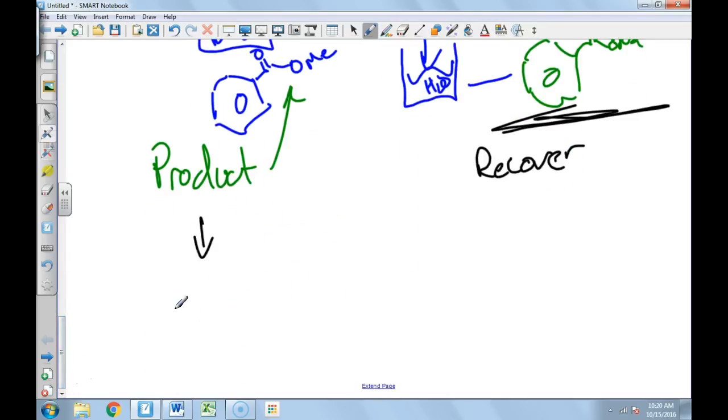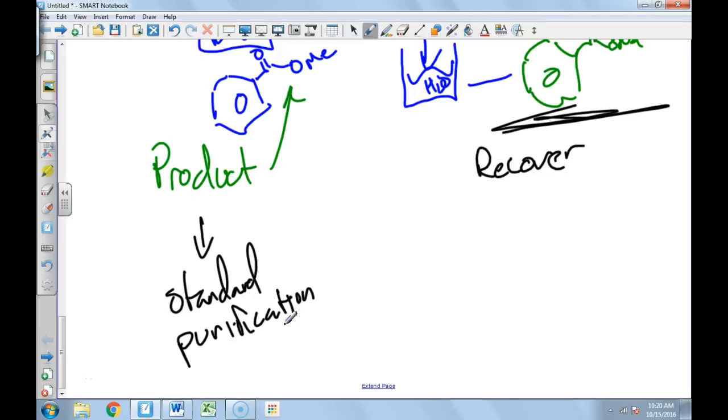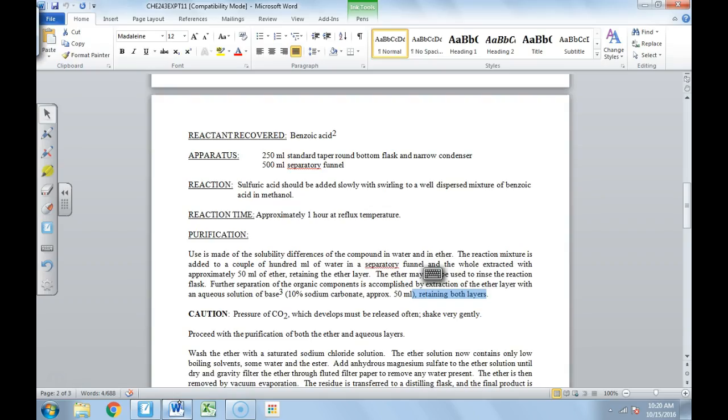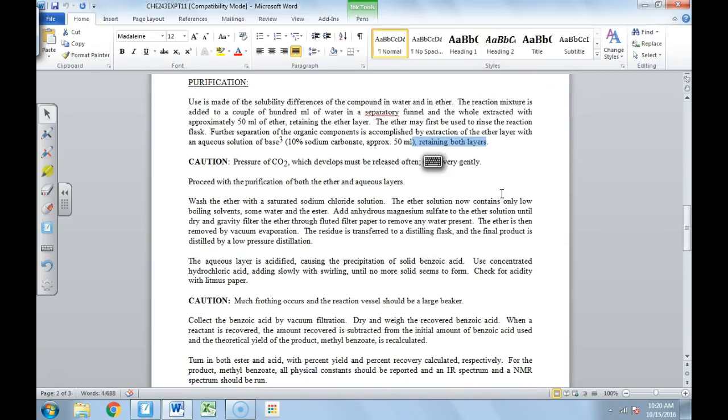This is kind of what I would call a standard purification. Again, if we look at it here, it says wash the ether layer a couple of times with sodium chloride solution. That's just going to make sure that you get all the salts.